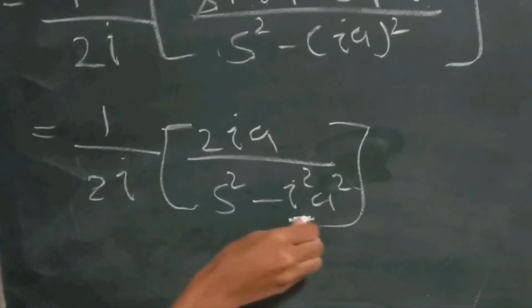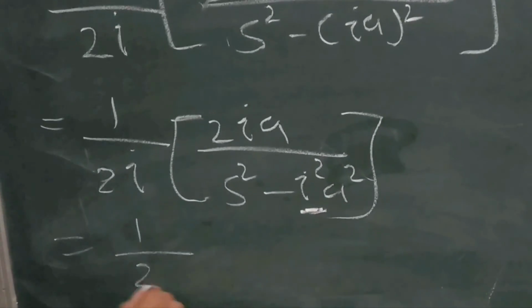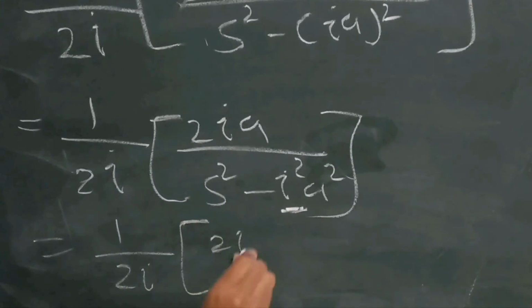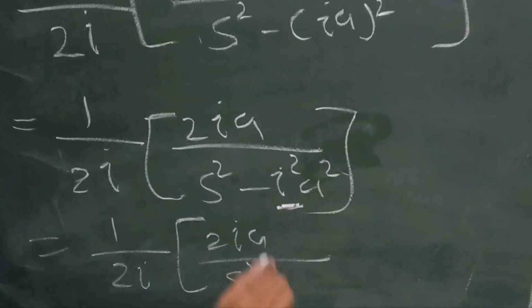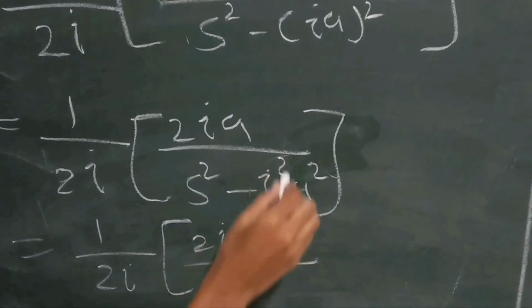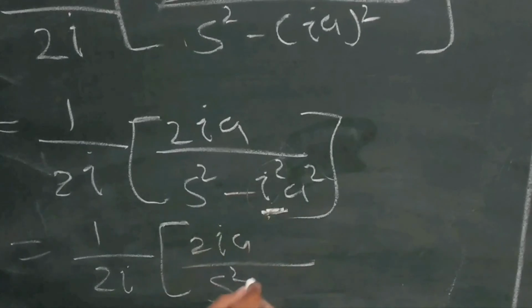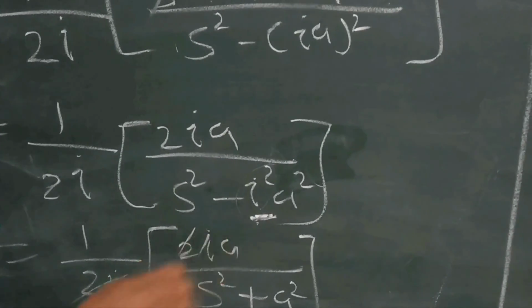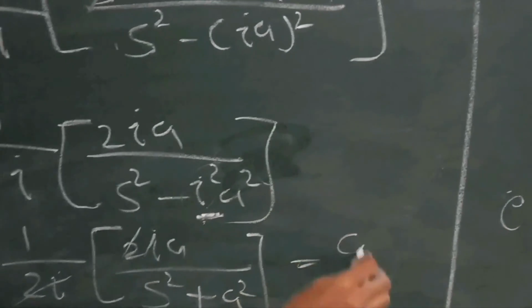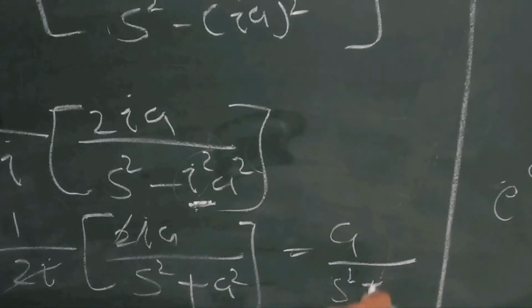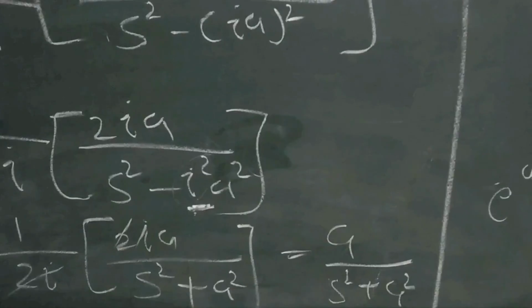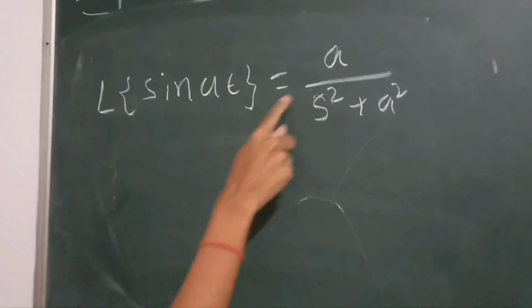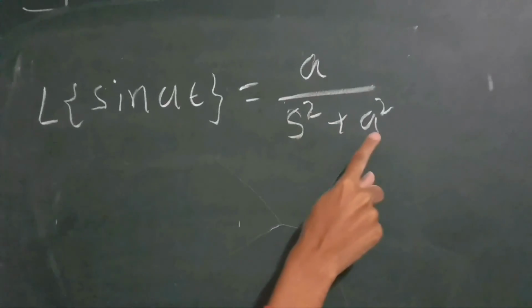Now we know that i square is minus 1. So 1 upon 2i times 2ia divided by s square, this will be minus minus, plus a square. Here 2i cancel out. So we get a upon s square plus a square. L of sin at is equal to a upon s square plus a square.